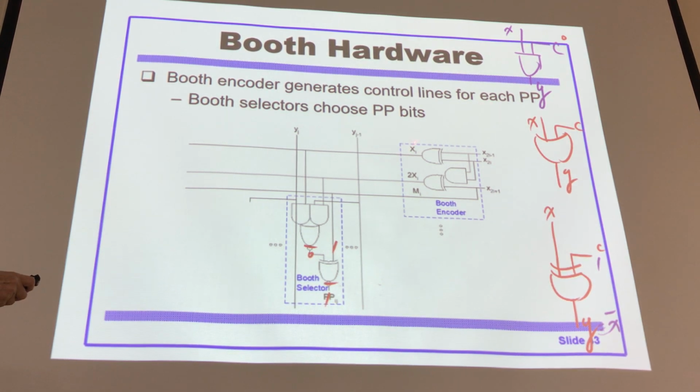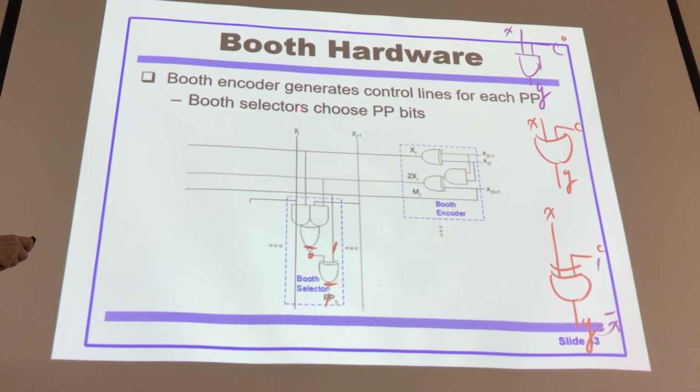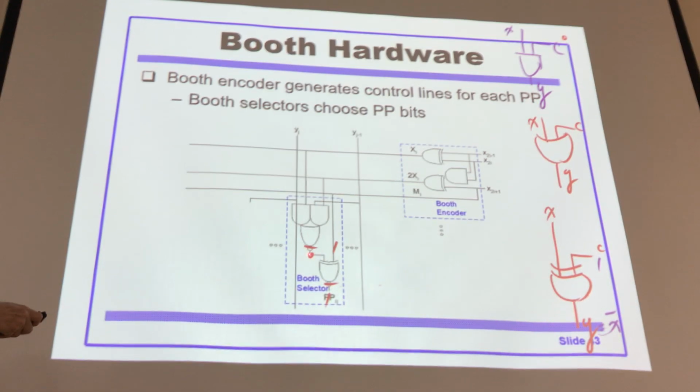If this bit is 1, you take one times the quantity. If 2x is 1, then you shift that. So this bit will shift to the left bit position to go through. So only one will be true, either here or here. Only either yj or yj minus 1 will go through this AND gate and go through the OR gate to here.